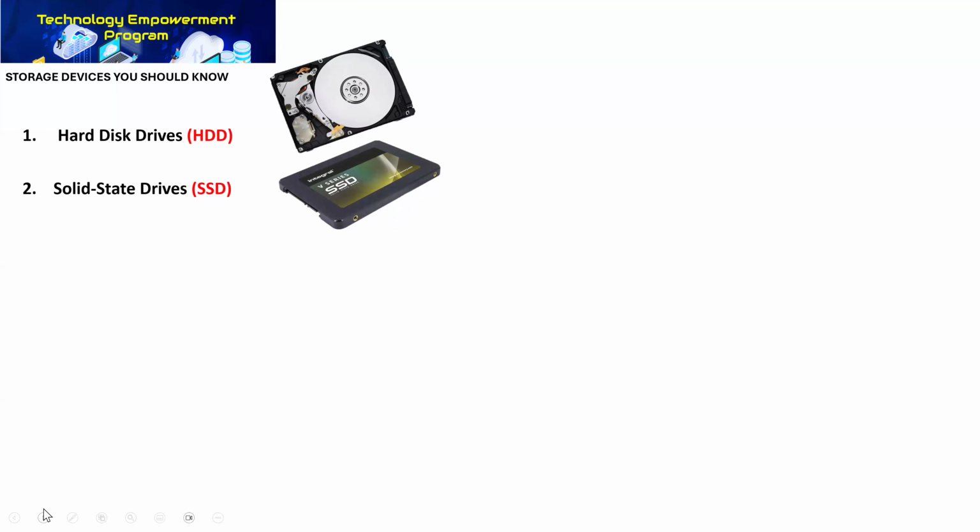Now, the storage device you should know, okay, the one that is relevant to us. So the history has been told, but let us look at it. Today, you're going to be hearing HDD and SSD. What does that really mean? The answer is there on the screen, okay? HDD is hard disk drive and SSD is solid state drive.